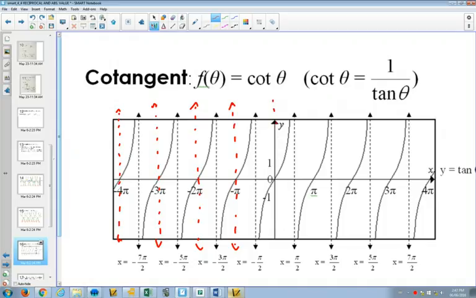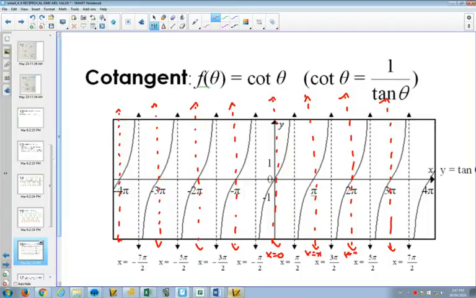There's going to be a lot of lines on here when we're done. So after drawing all of these asymptotes, they're going to be at x equals 0, x equals pi, x equals 2 pi, x equals 3 pi, and the negatives.